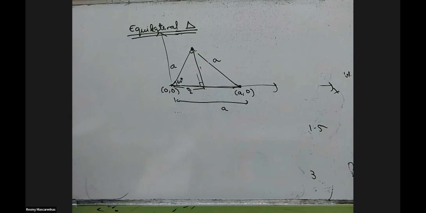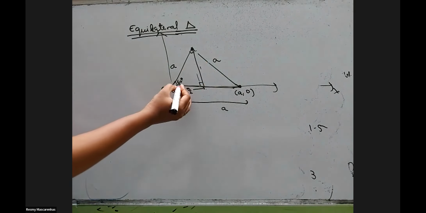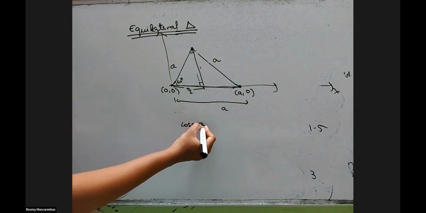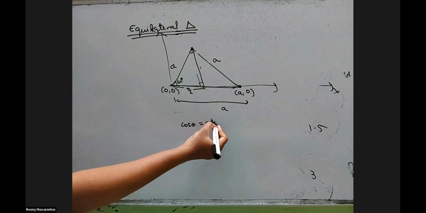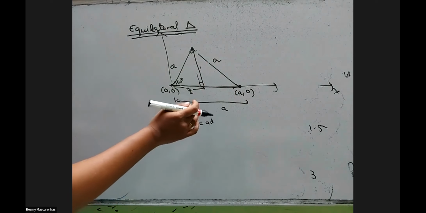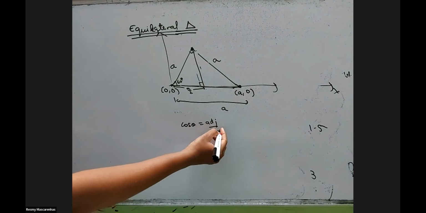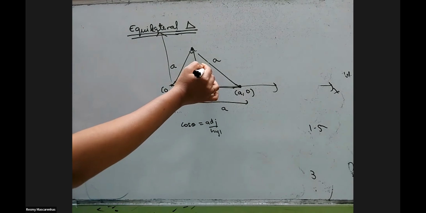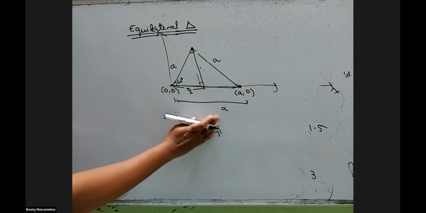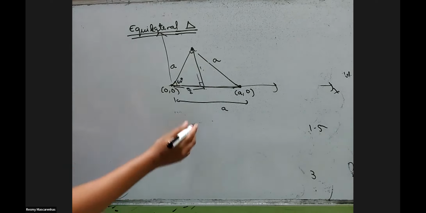Any angle you use, I'm taking it as theta. Cos theta is adjacent upon hypotenuse. I want to find this side now, so I use sin theta, because I want the opposite.